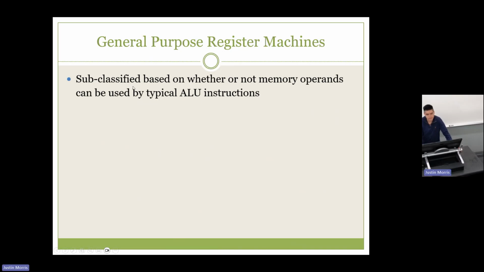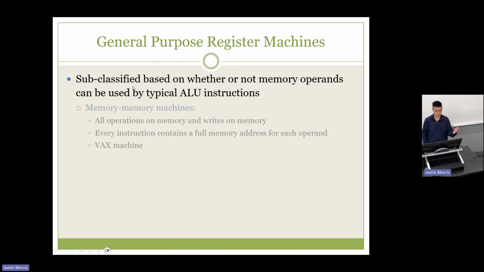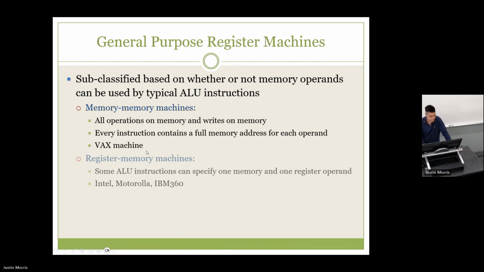That is how we're going to classify it. Are they memory machines? Can all operations just read and write from memory? I have no registers, and every instruction contains a full memory address for each operand. An example of this is a VAX machine.